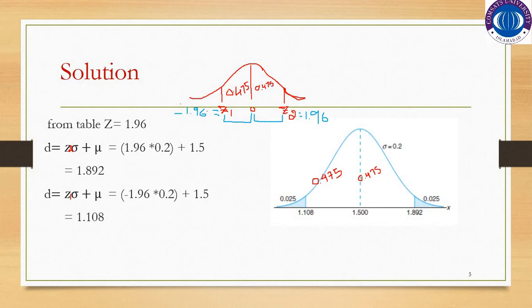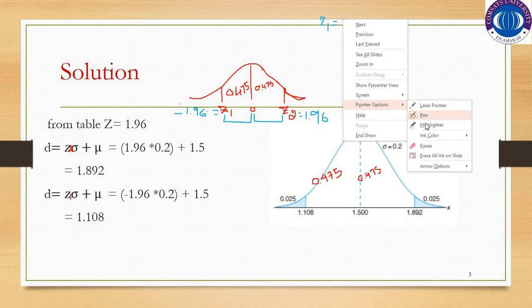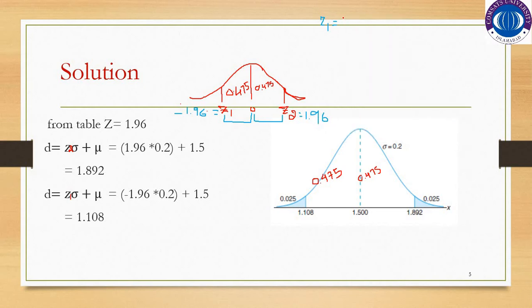Now you have the values of the random variable z at the specific points, and we know that z1 will be equal to x1 minus mu over sigma.